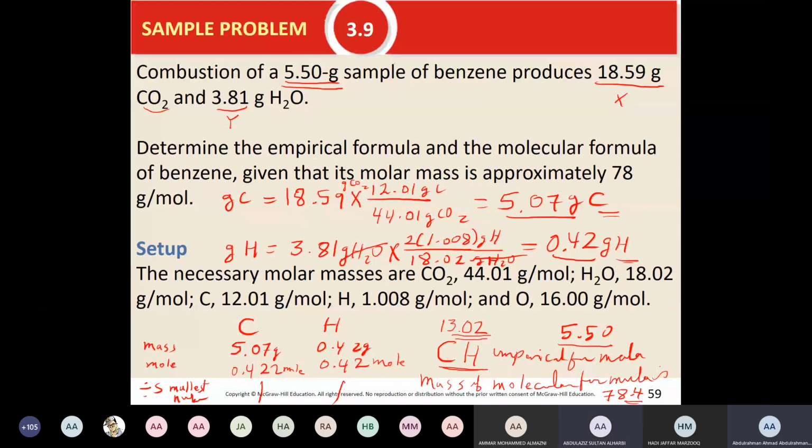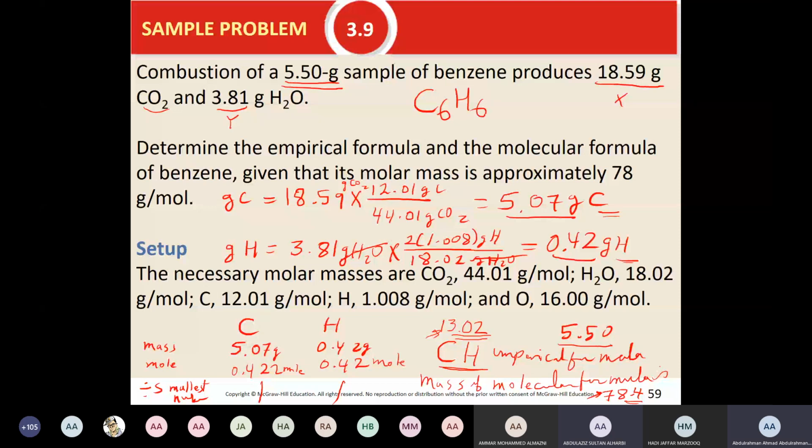What are you going to get? 78.4 divided by 13.02 is 6.